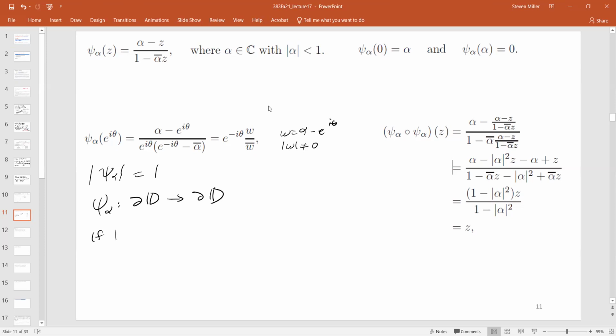If the absolute value of z is less than 1, then what must be true about C alpha of z? It's also less than 1. Why? This is the maximum modulus principle.